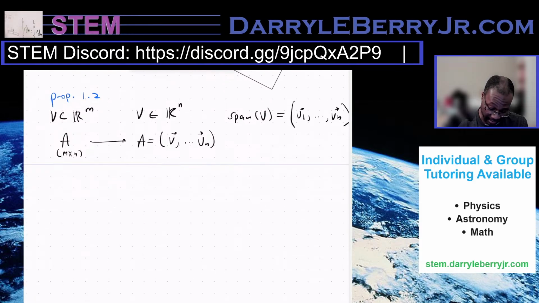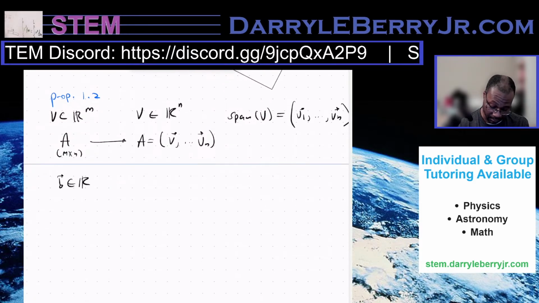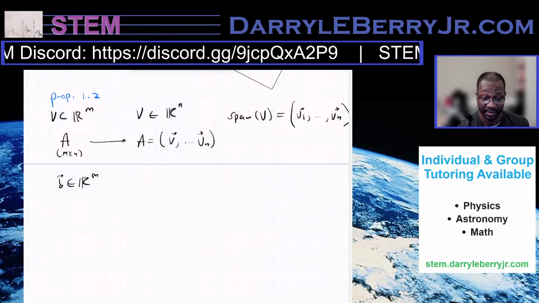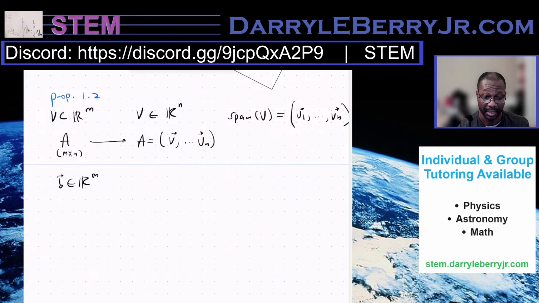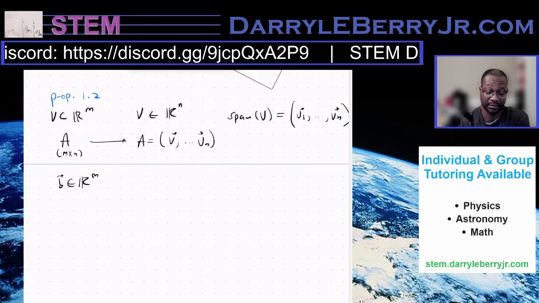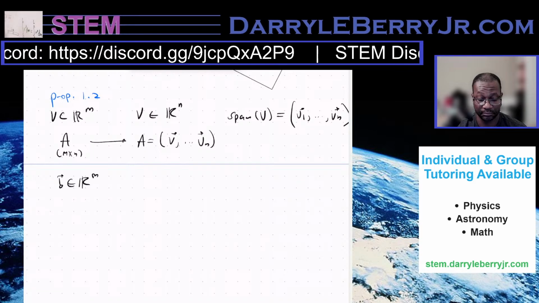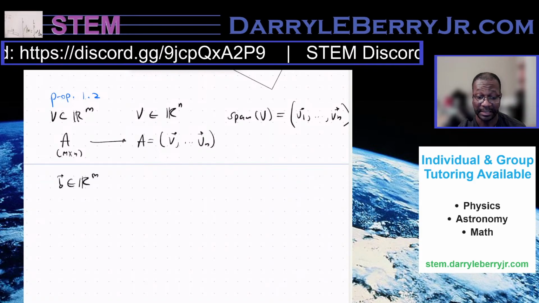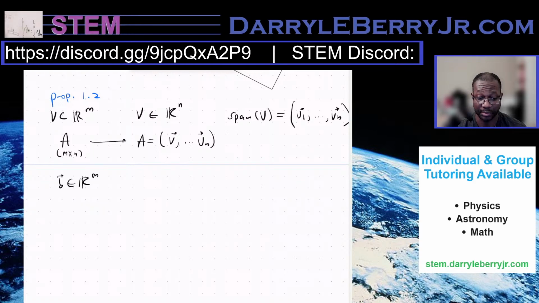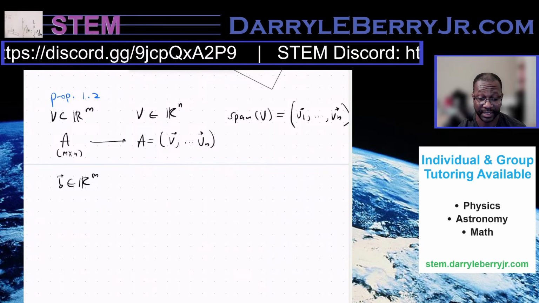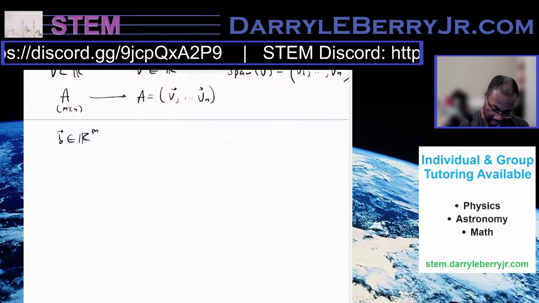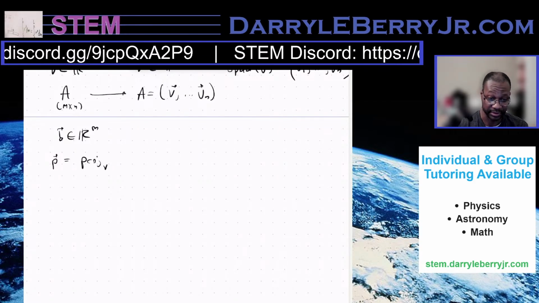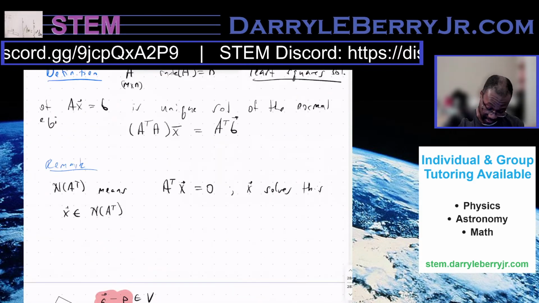Given a vector B in R^m, the projection of B onto the subspace V, which is P, is obtained by multiplying the unique solution of the normal equations by the matrix A. So P equals the projection onto V of B, which we discussed earlier.